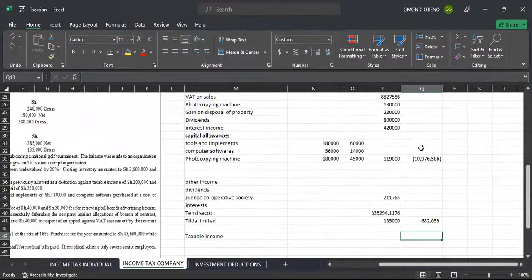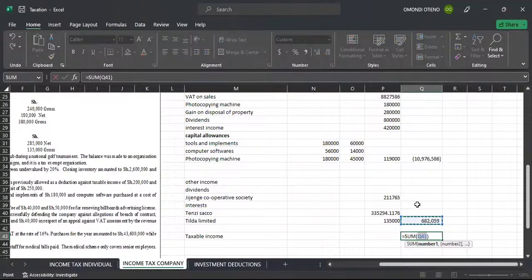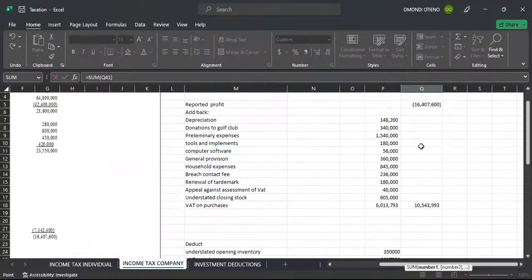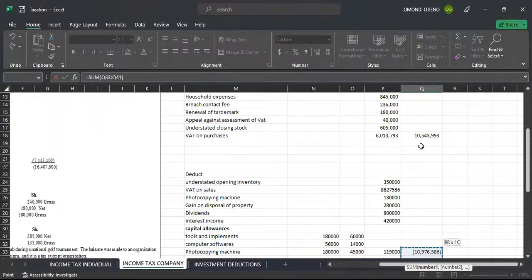Taxable income ni ngapi? The summation of the values in column Q.